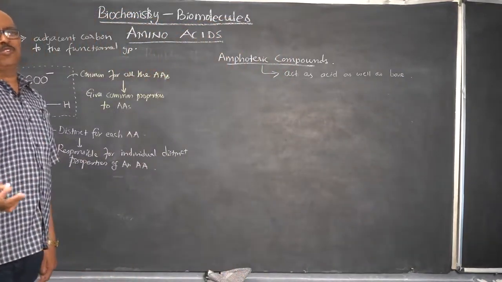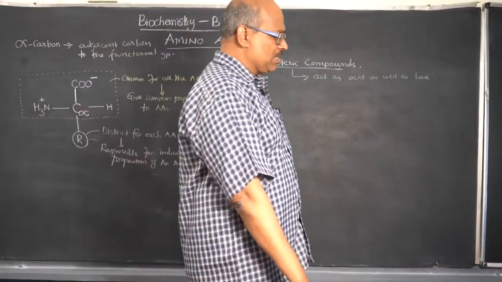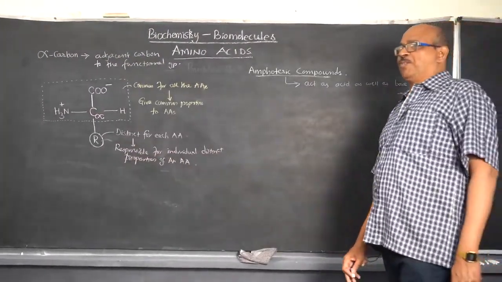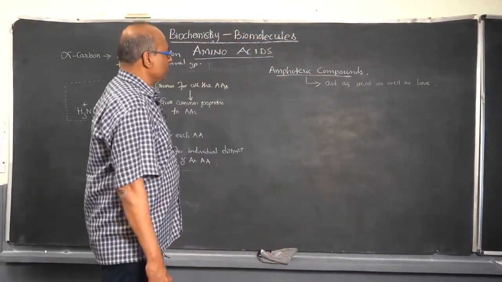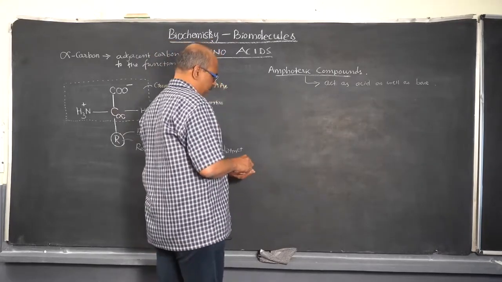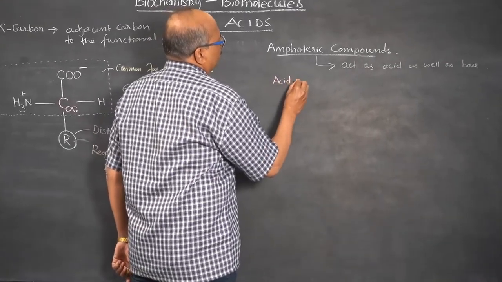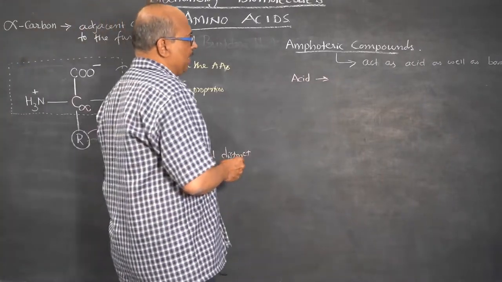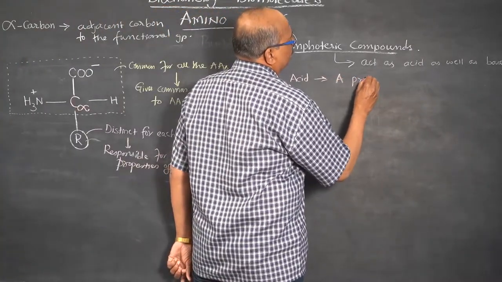So a simple amphoteric compound is water. Water can dissociate giving proton plus OH minus, proton, the acidic one, OH minus, the basic one. For defining the acid, we use the definition, an acid is a proton donor.